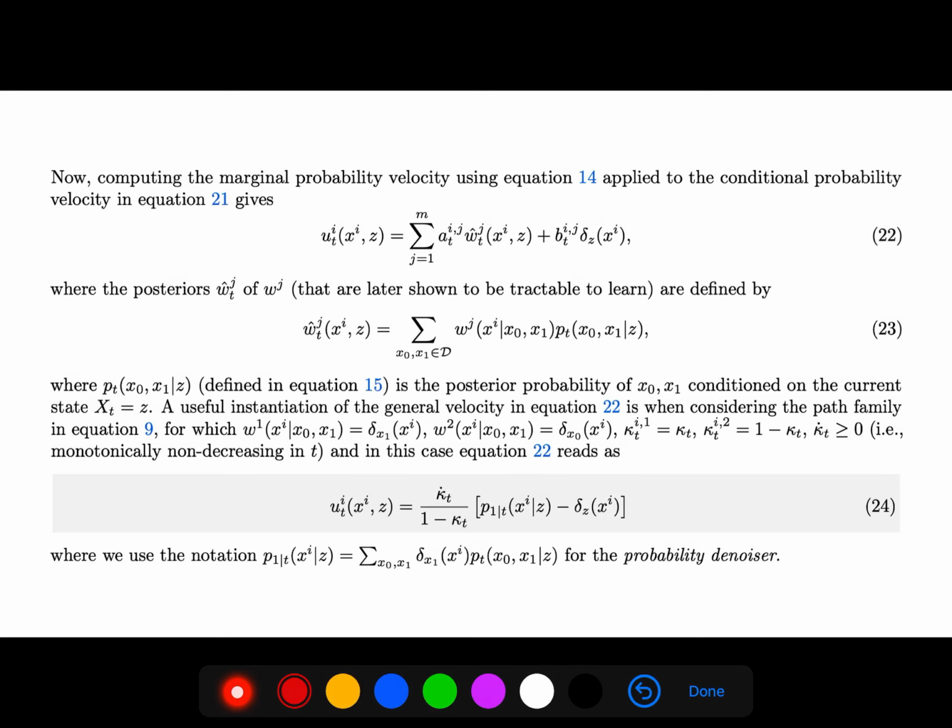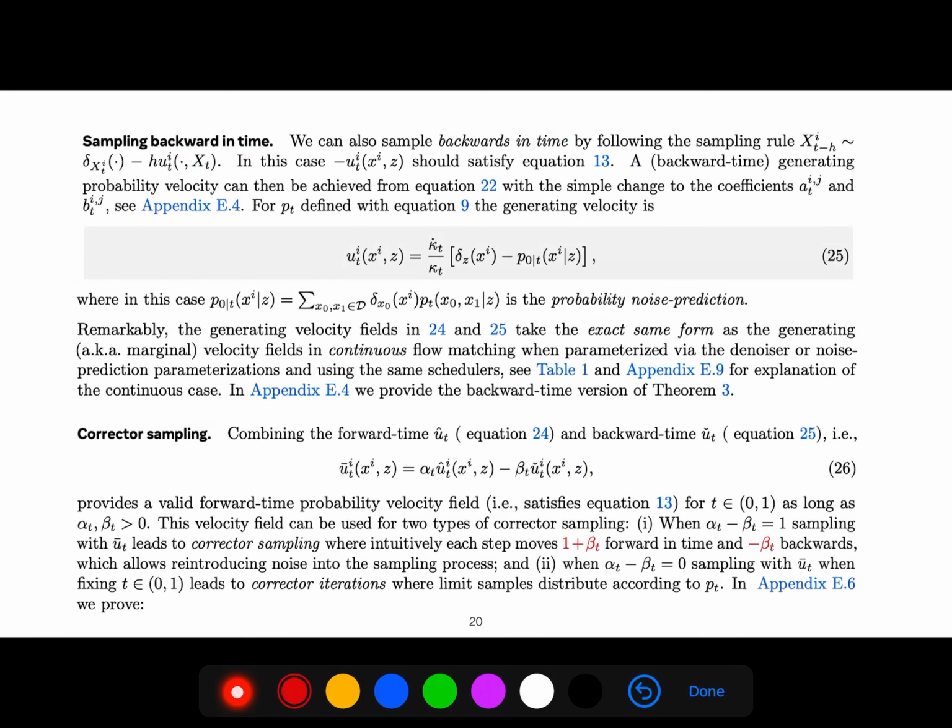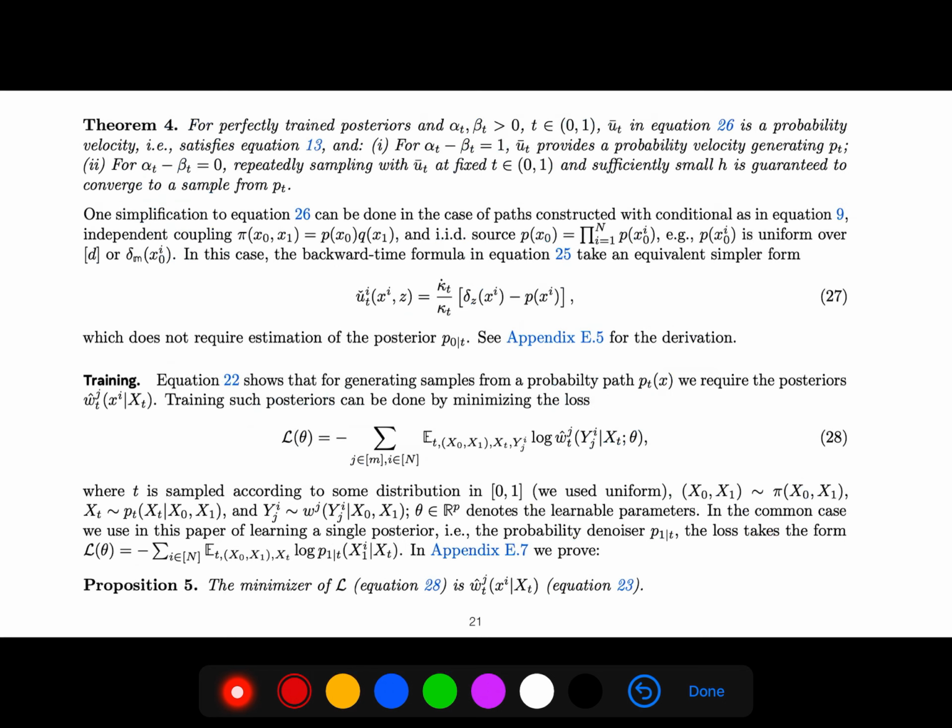So this is the probability denoiser. Of course, the paper of Campbell is much easier to follow, and their notations are much more interesting. But this paper is somehow equivalent to those papers of Campbell.